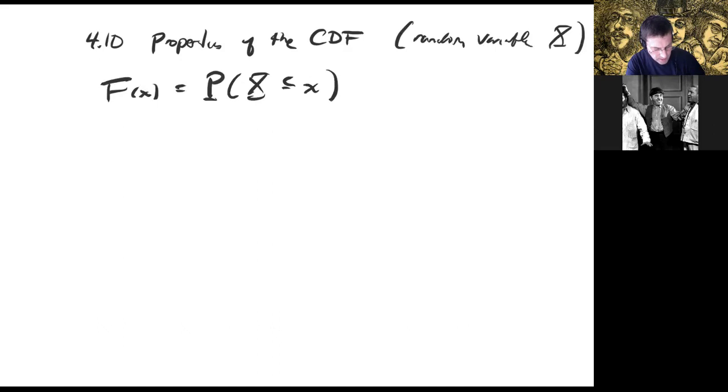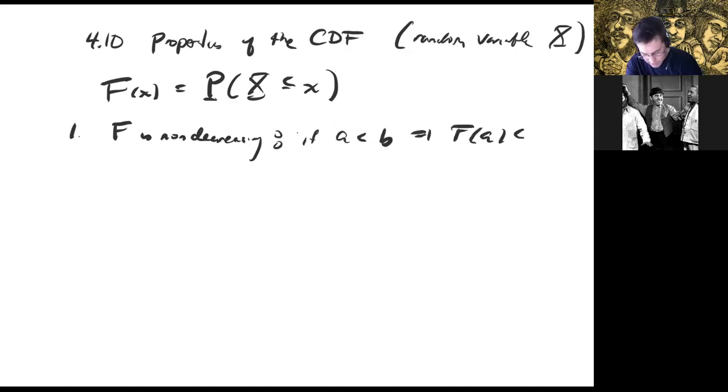Property 1, F is non-decreasing. So that means that, for example, if a is less than b, then F(a) is less than or equal to F(b).